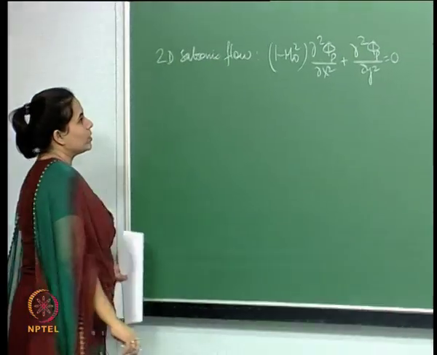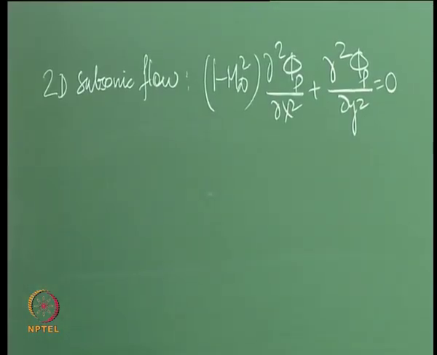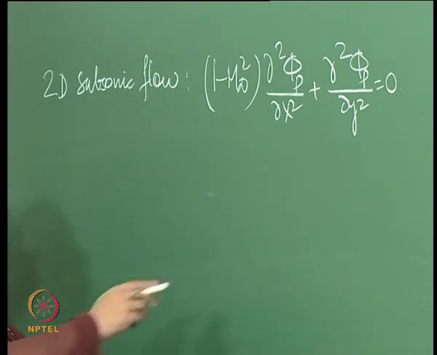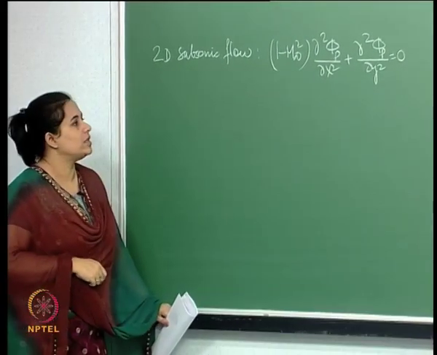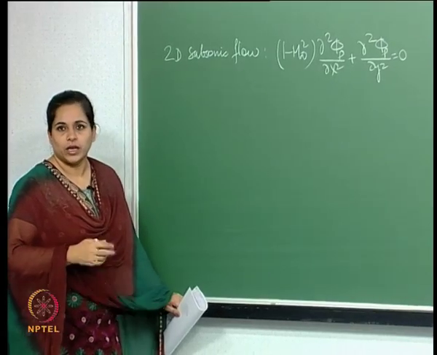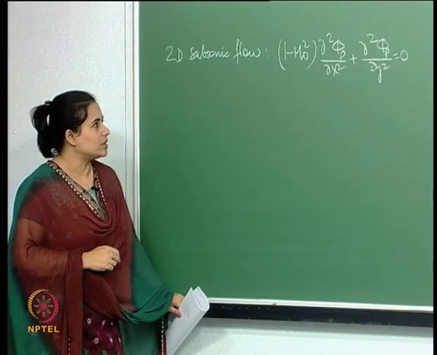right. So this was our governing equation. This phi p is the perturbation potential, and you can see that this is in our usual x y or Cartesian coordinate system.